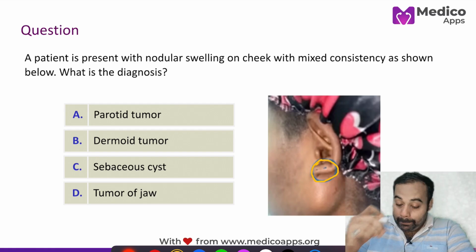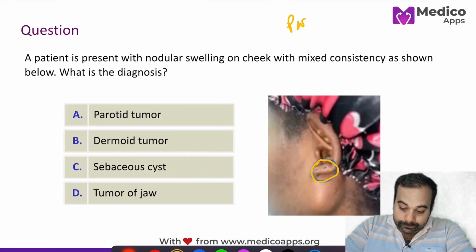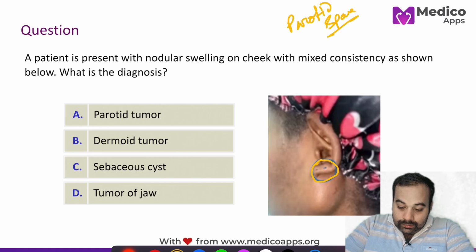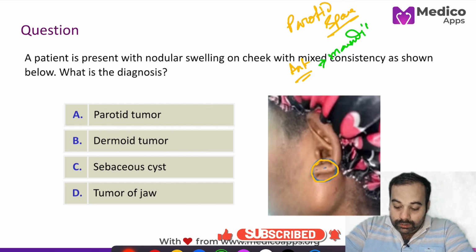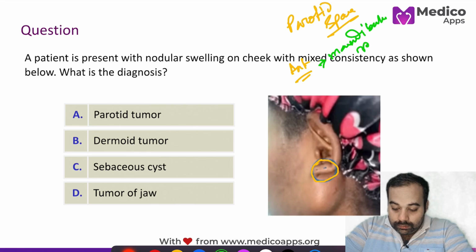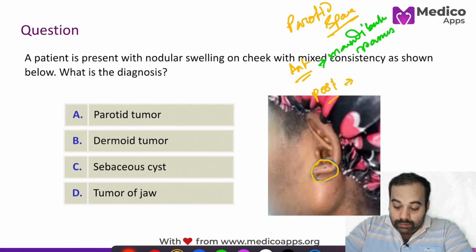Your parotid space is bounded, number one, anteriorly by the mandibular ramus.